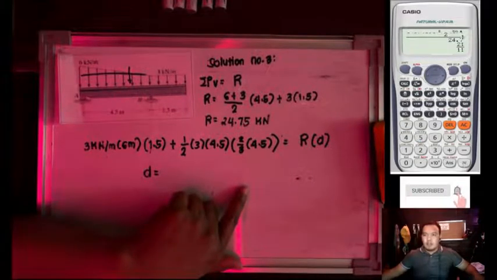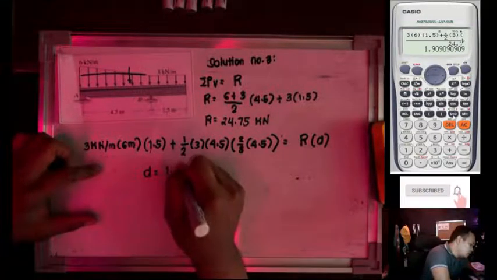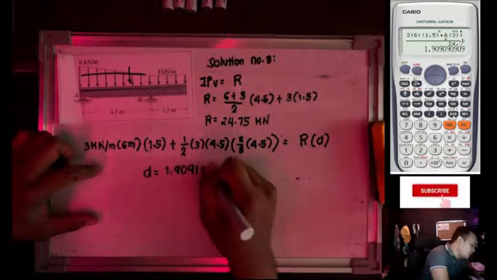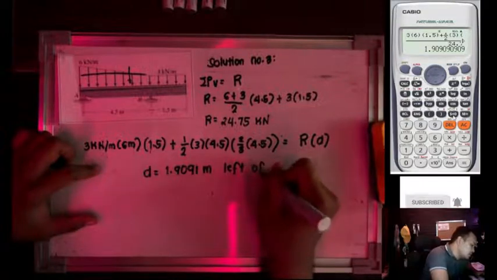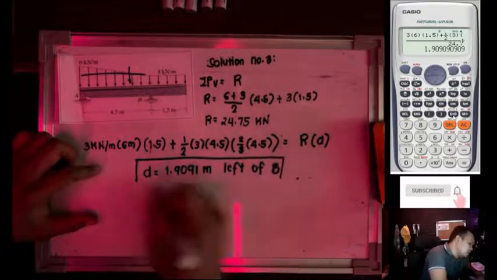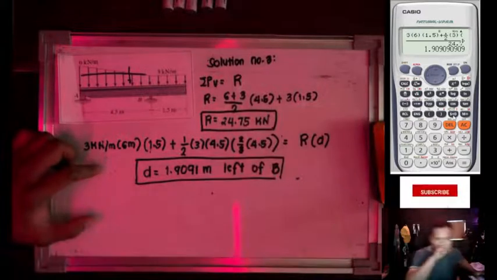Therefore this will be our distance. So D is equivalent to 1.9091 meter left of B. This is our answer. Okay?